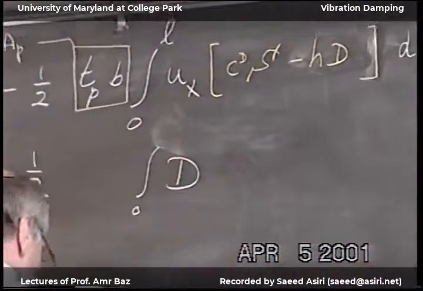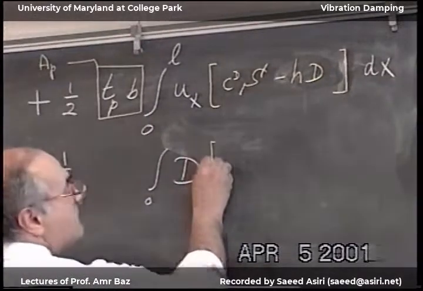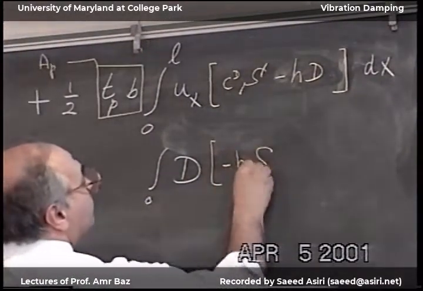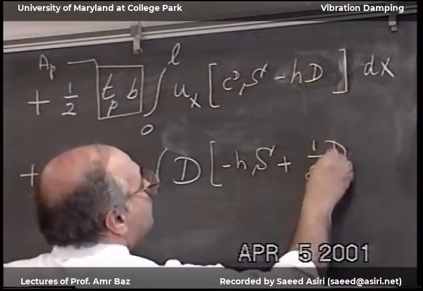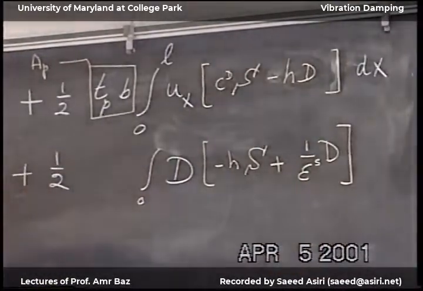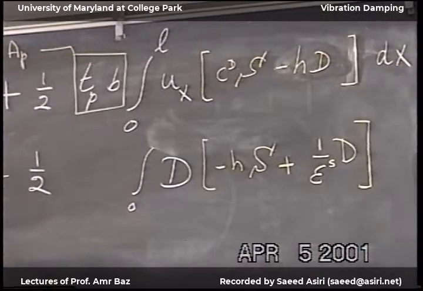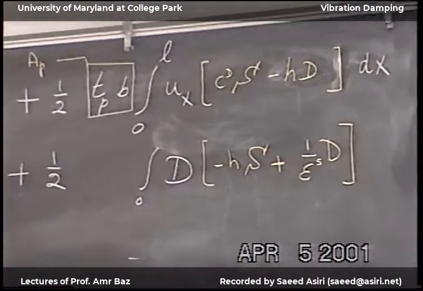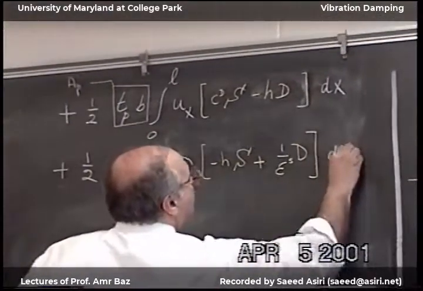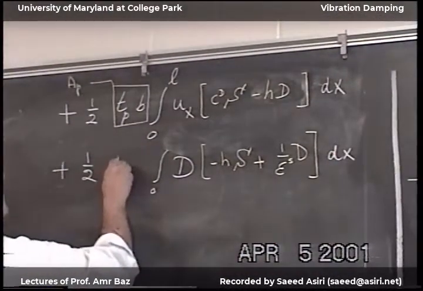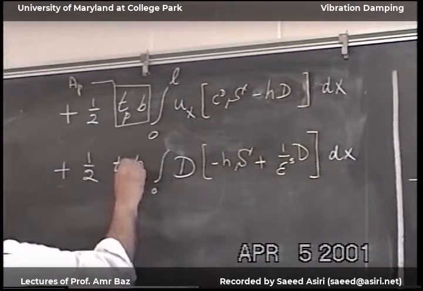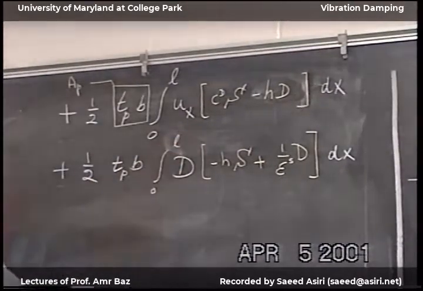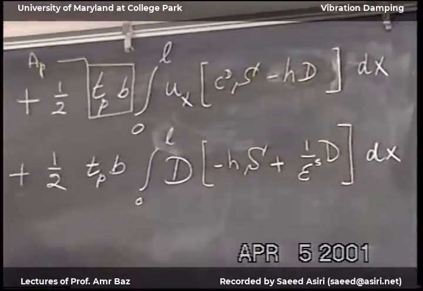So this would be minus H and S plus 1 over epsilon and D. And then the D volume, again, dx, and then T piezo, and then B from 0 to L, so this would be A piezo.